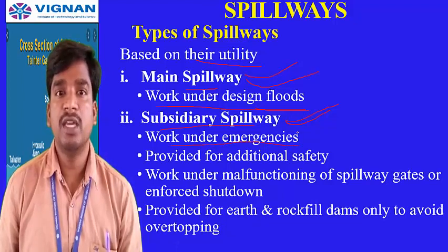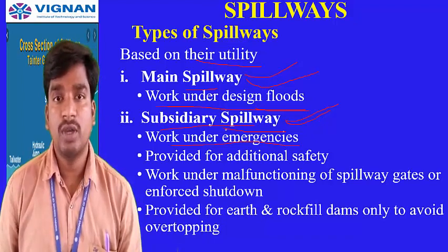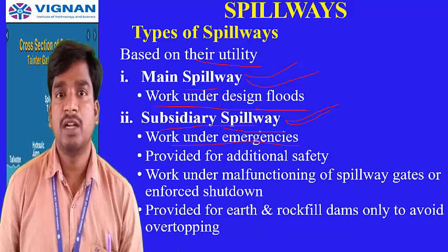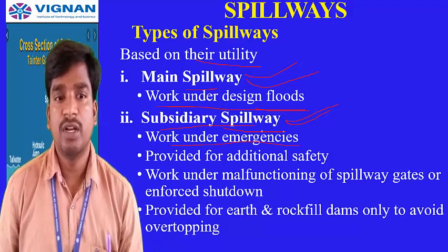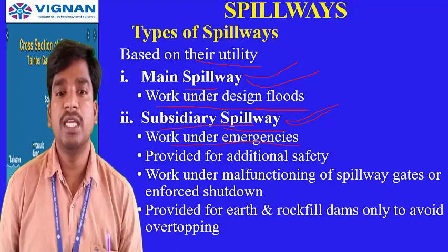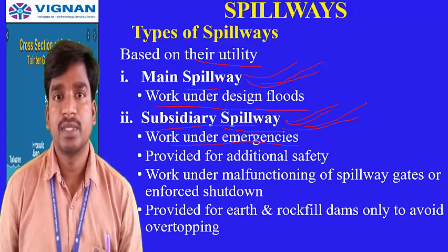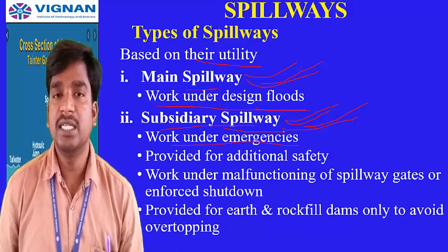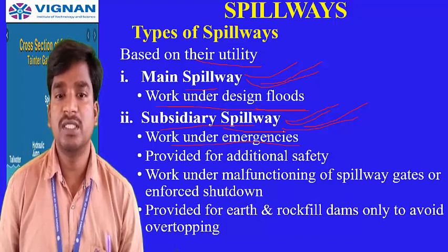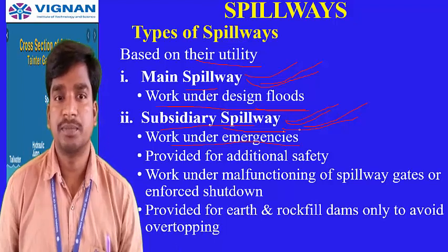Whenever the main spillway or main gates are shut down forcibly, in that particular case this secondary spillway, or subsidiary spillway, or emergency spillway, will come into function. Whenever the main spillway is working properly, we do not use this subsidiary spillway. It comes into function under certain cases only. Always it is not in function.